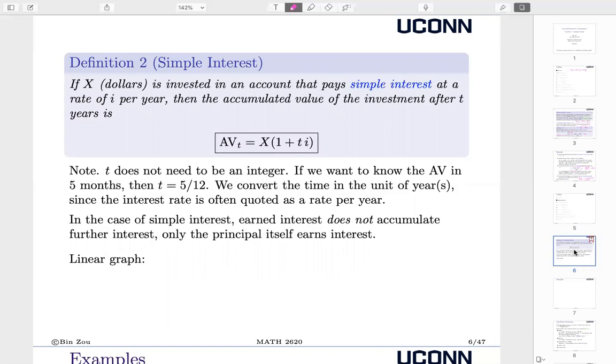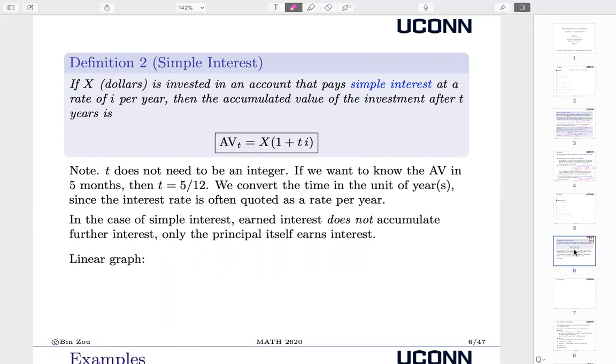So simple interest refers to a mathematical formula of calculating accumulated value. So as long as you are given the information of simple interest along with an interest rate, you should be able to compute the accumulated value at any future time.